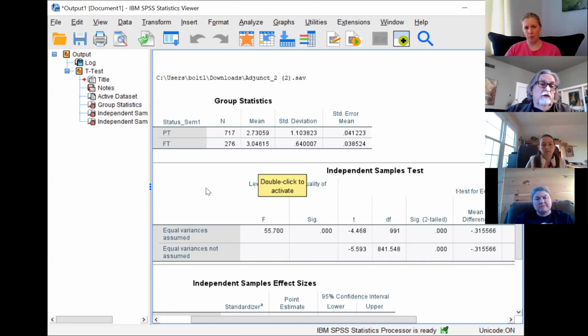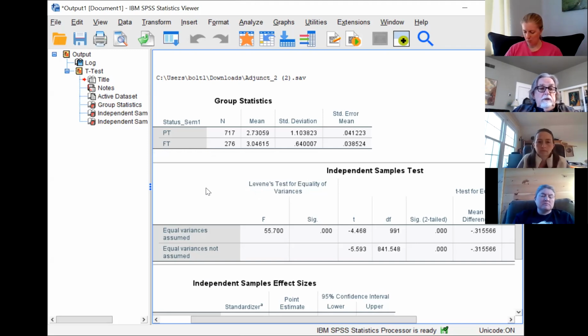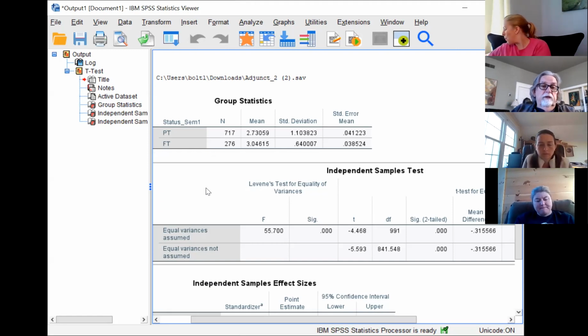So the answer to the question, is there a difference between full-time and part-time, is yes, there is a significant difference on first semester GPA. The full-timers had an average GPA of 3.06 and part-timers had an average GPA of 2.73.